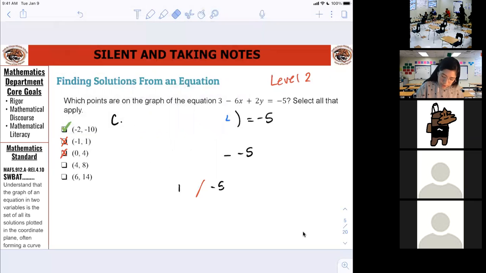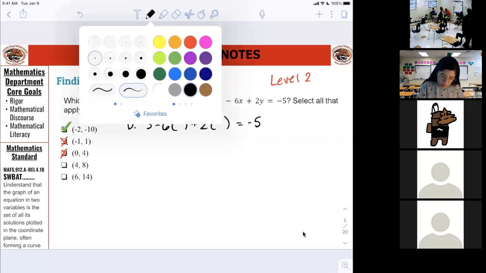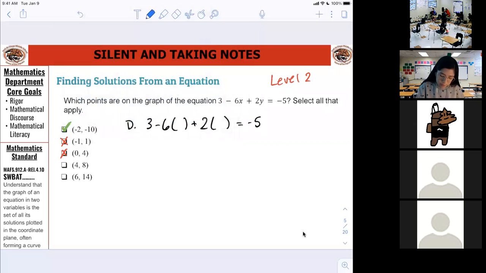Now let's try D. So for D, I have 3 minus 6 times x plus 2 times y equals -5. What do I plug in here? You plug in 4 and then 8.